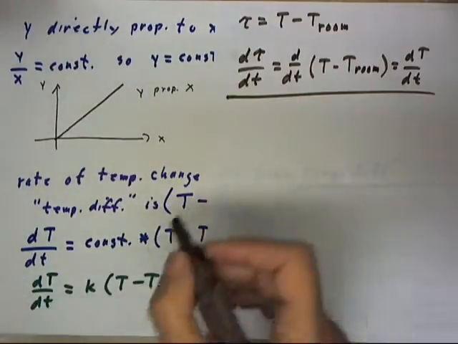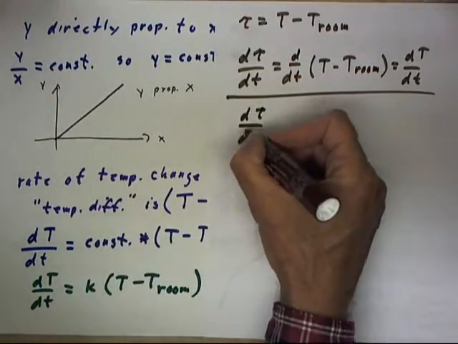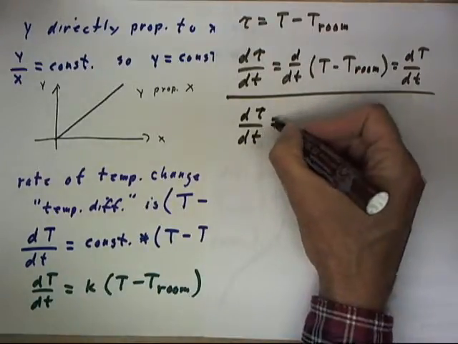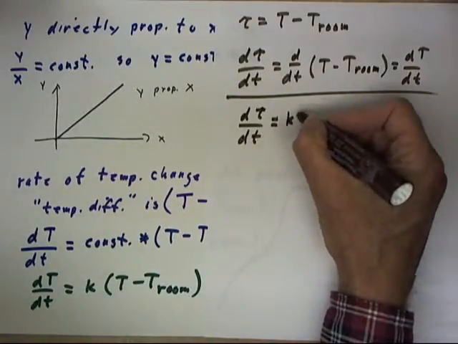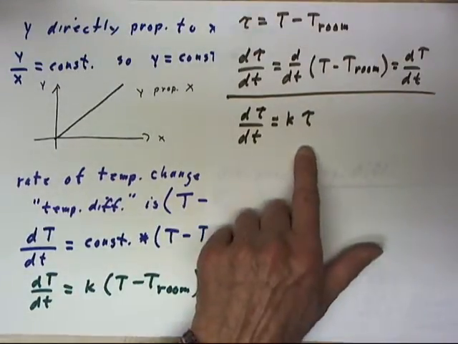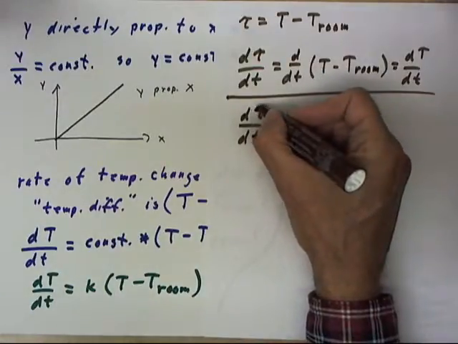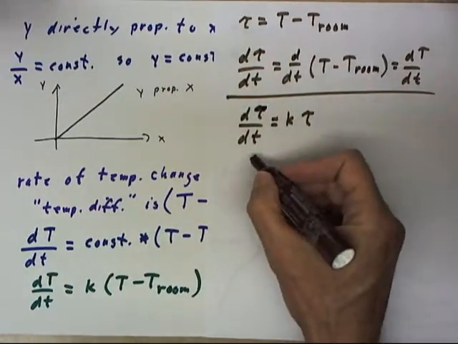This means that we can translate the equation, and the equation becomes d tau/dt equals k times tau. This equation is first order linear, and it's homogeneous.